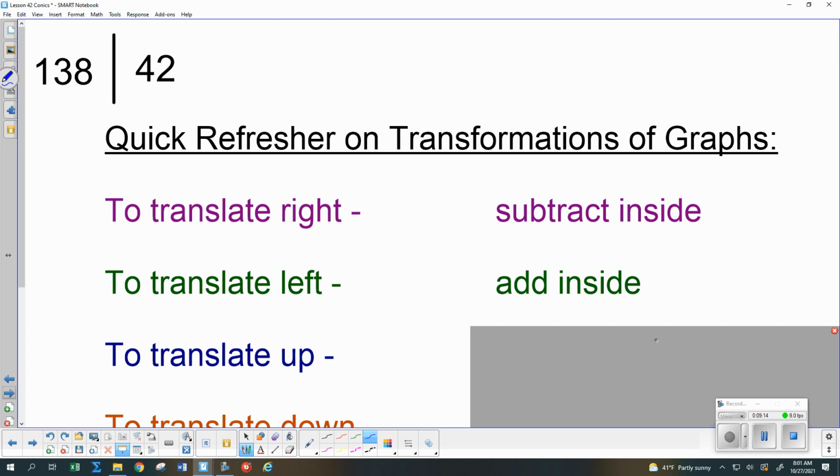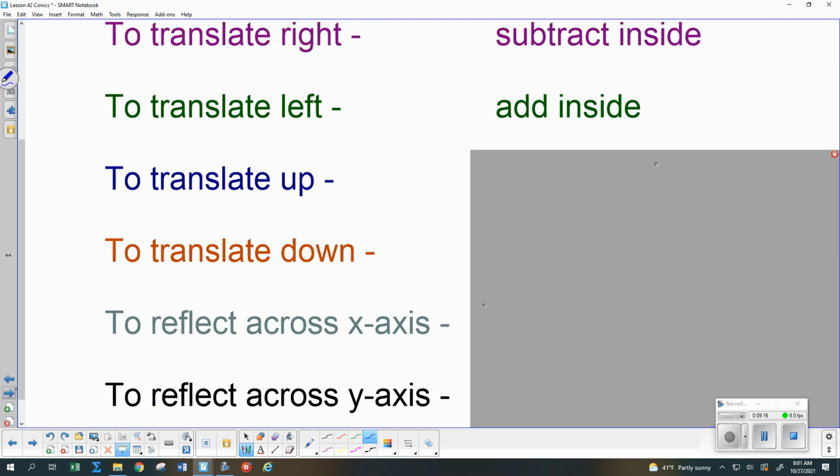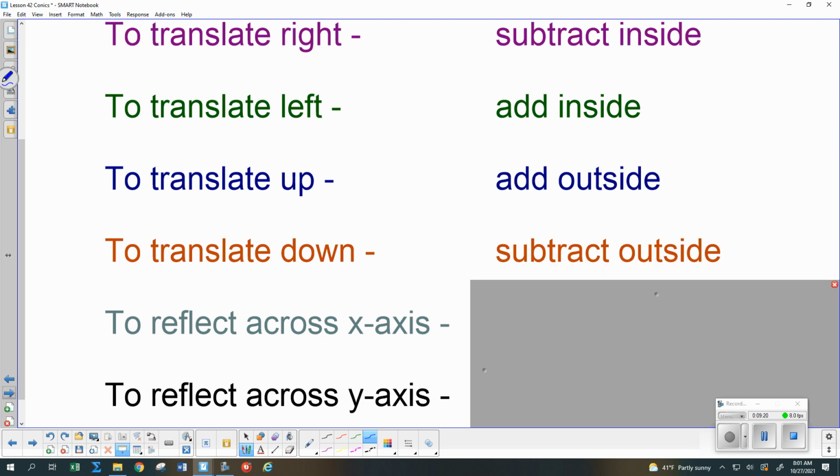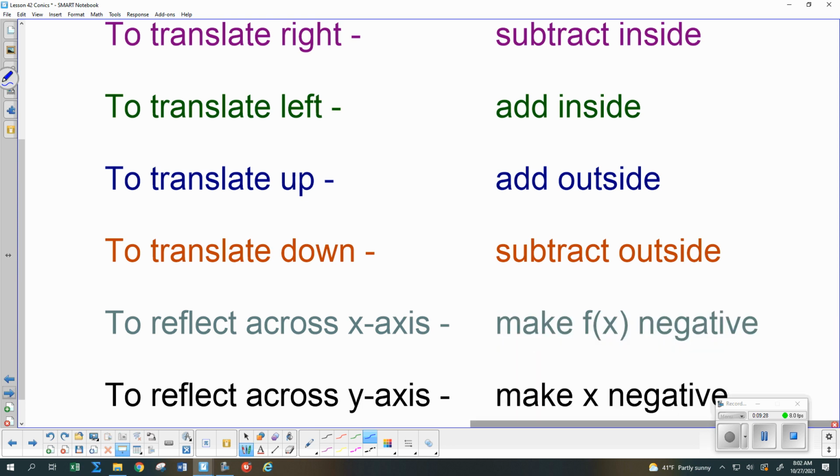But if we're going up and down, then it's just tacked on at the very end on the outside, adding and subtracting. If we want to reflect across the x-axis, we make the f of x negative. And if we want to reflect across the y-axis, we simply make the x negative. Remembering these will help us with what we are going to do next.